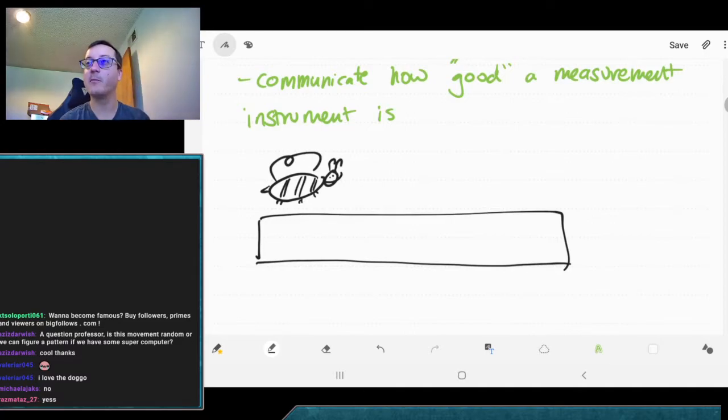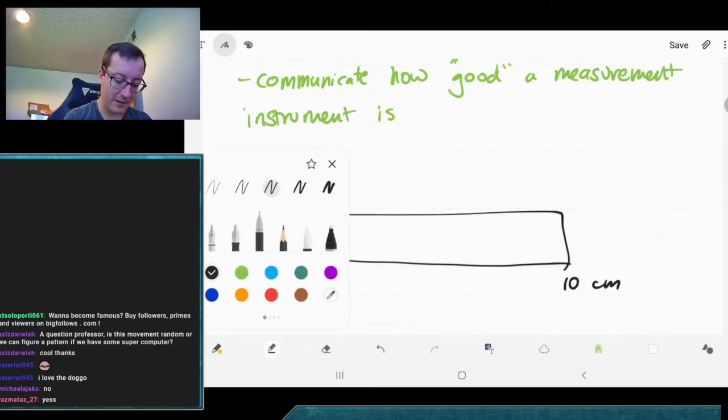All right, we're going to measure this bee. And let's say I have acquired the world's worst ruler, which only goes from 0 centimeters to 10 centimeters. There are no lines on this ruler because it is a piece of crap.